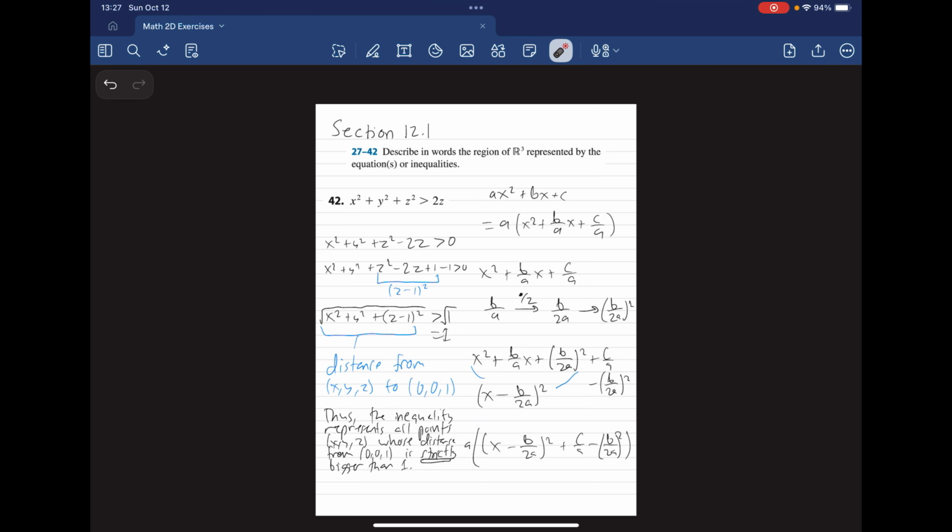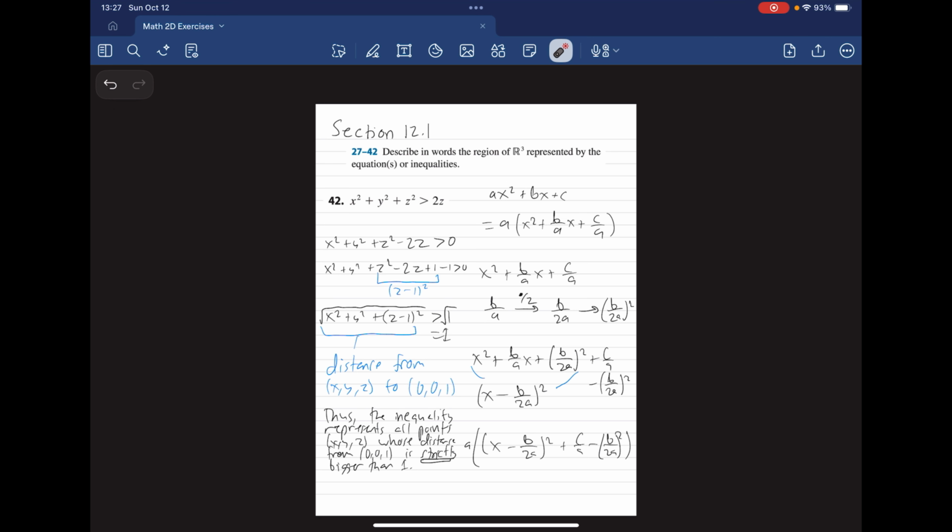And hopefully everyone agrees that this region is just all of R3, but with the inner sphere, or inner ball, centered at 0, 0, 1, deleted from the region.